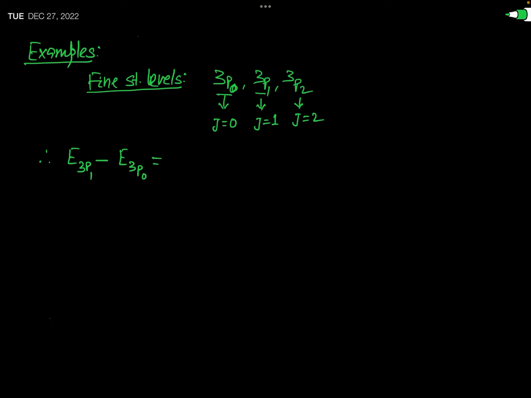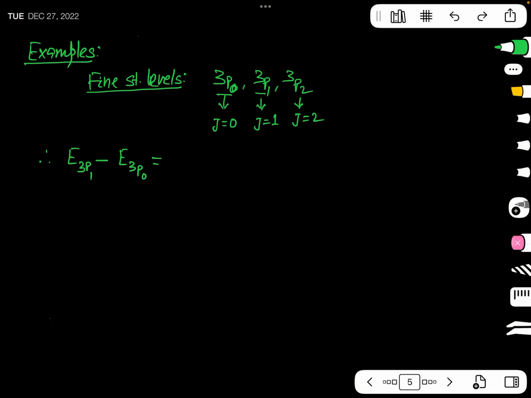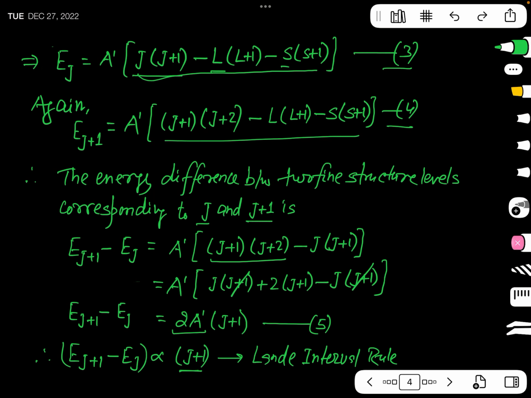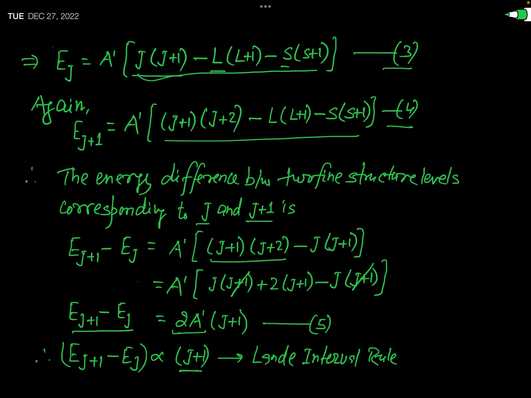What will be this? You can see for the two consecutive values of j, the energy difference is given by 2a prime times j plus 1.